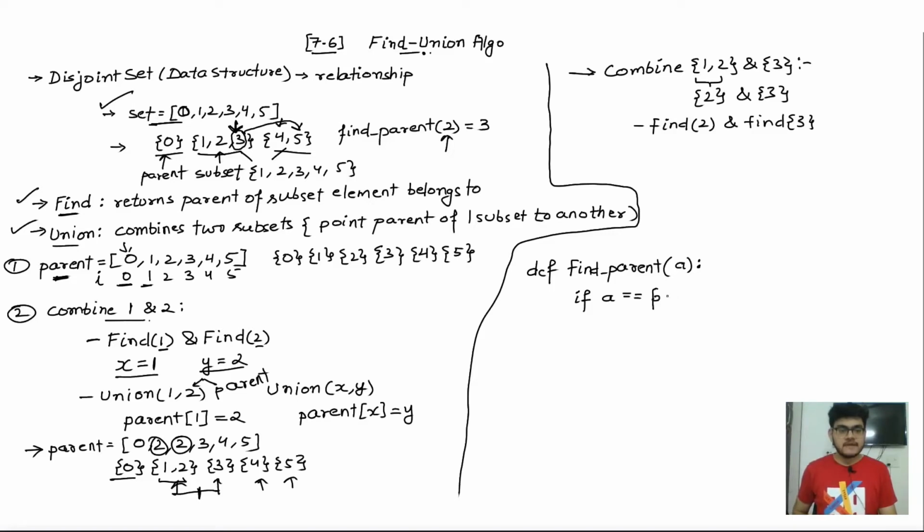So we have this parent array, and I'm just going to check whether it is equal to the value which is given here. So you can see here, if a is equal to parent at position a, it means that the element is already the parent of itself. So in that case, I am just simply going to return the value. So return a is going to actually return the parent itself, right?